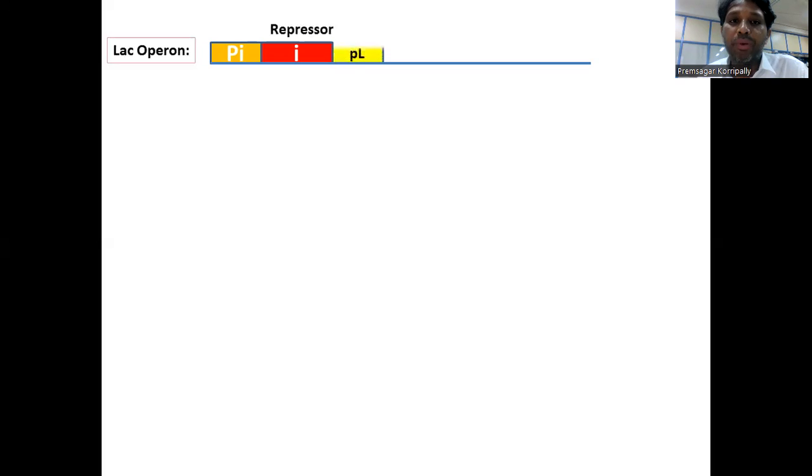You see the repressor, and this is the promoter of the operon, PL, and this is the operator region where the repressor binds in the presence of glucose.